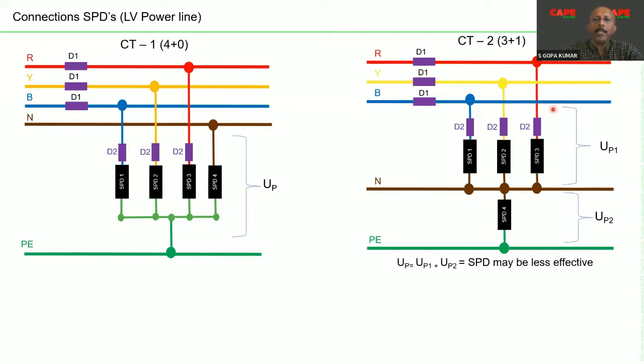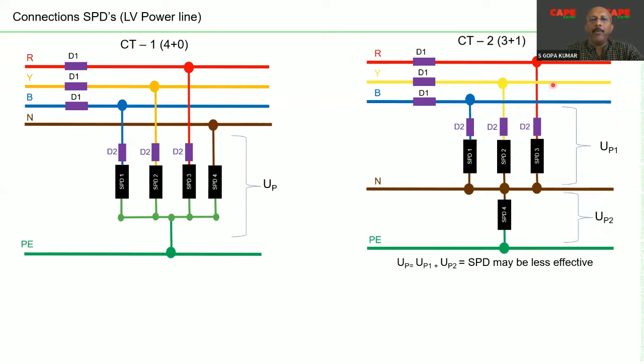Now, in the second connection, between the phase and the earth, you have actually two series connected SPDs. The protection level of the first set of SPD plus the protection level of the second set of SPD is actually the effective protection level, plus the voltage drops on the wire.